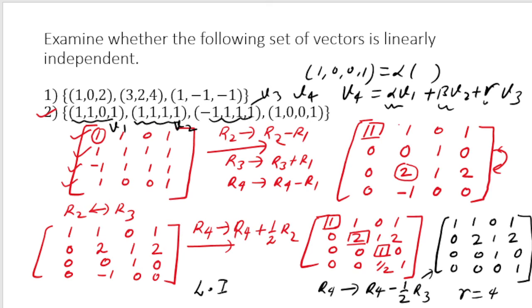Let us quickly solve one more problem, the last problem, to be very clear about the concept here. Here also we are going to do the same thing. We are going to place these 4 vectors as 4 rows: 1, 1, 0, 1; 1, 1, 1, 1; 4, 4, 1, 1; and 1, 0, 0, 1.